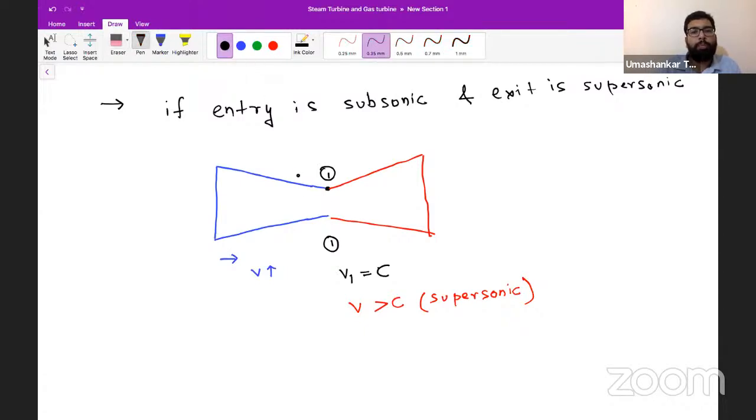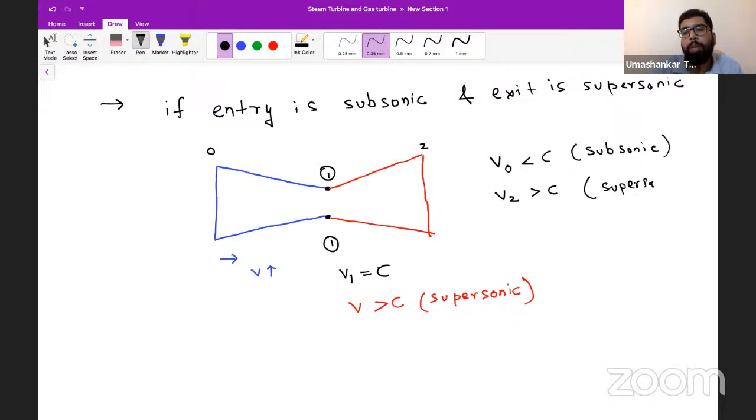So from this point 1, you must diverge it, so that if I call the entry 0 and the exit 2, the entry velocity V0 will be less than c and the exit velocity V2 will be greater than c. So the entry is subsonic and the exit is supersonic.